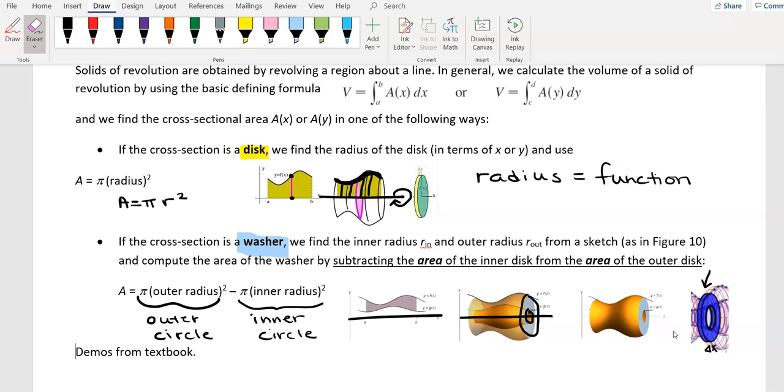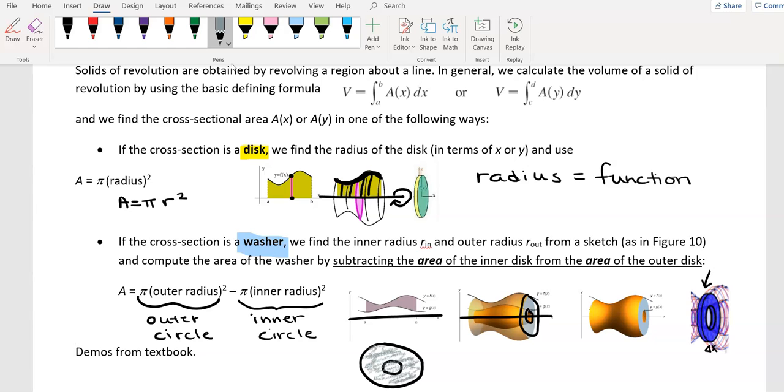So if I were to take that washer and look at it from above, we would have this outer circle and then this inside circle, and we would be taking the big area all the way through.